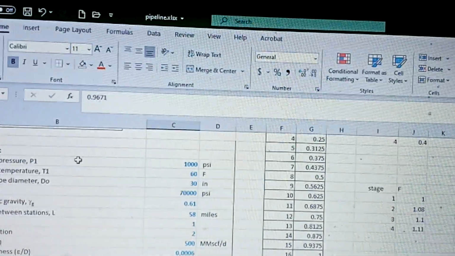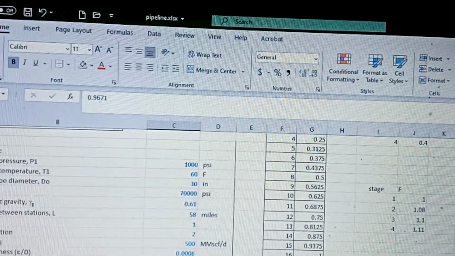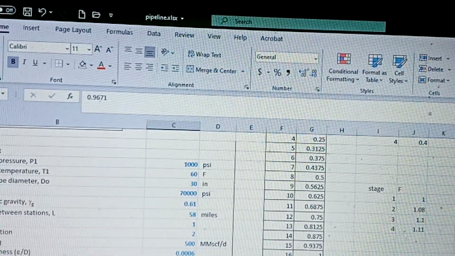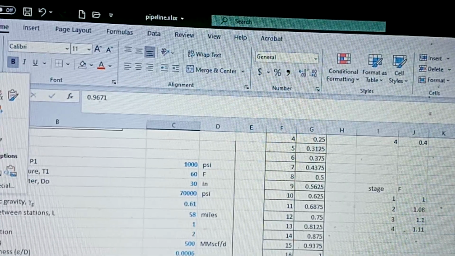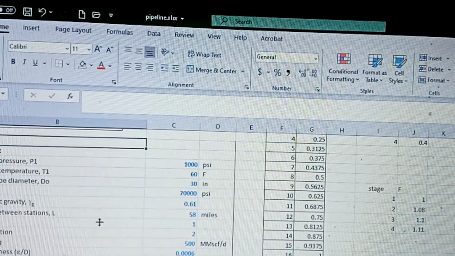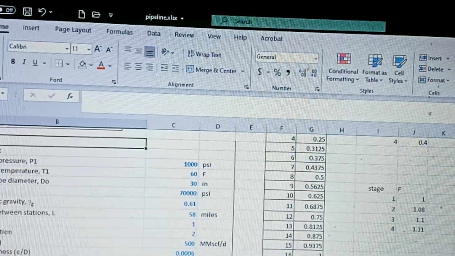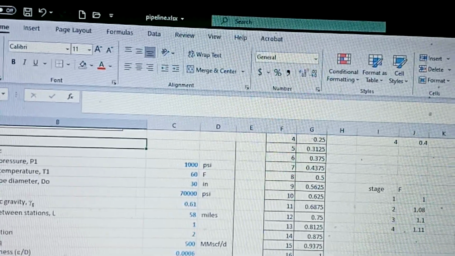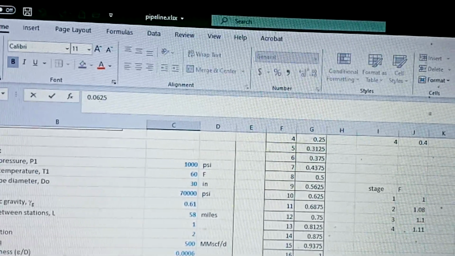Go back to my template. So that's my compressibility factor. This thickness is given.